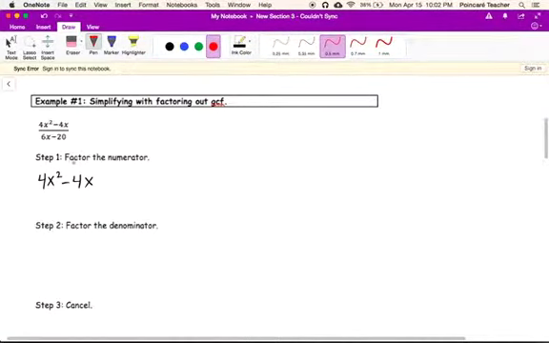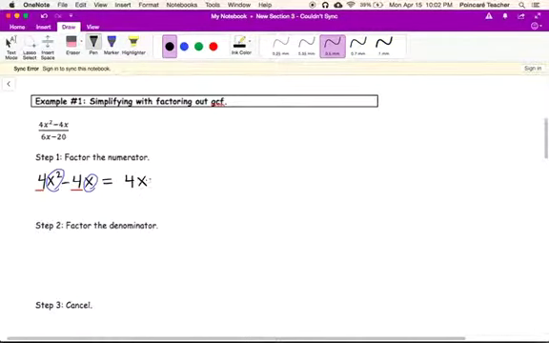Looking at the 4 and 4, the largest number that divides both is 4 itself. So I'm going to factor out a 4, and then for the variable part, this has x squared and this has x. So the greatest common factor here is x.